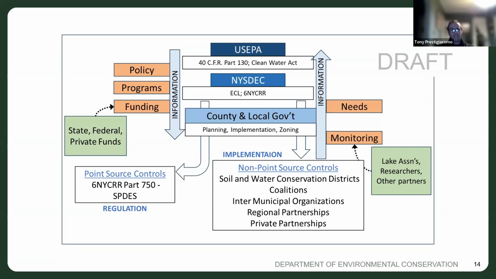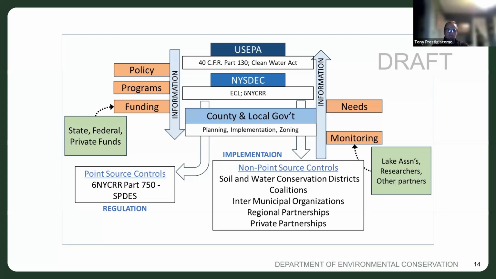Policy programs and funding kind of come from the top, from the US EPA down to the DEC, down to local and county governments and entities. Information moves back up in terms of monitoring data and needs from various partners, which we can use to understand water quality and how these practices are helping improve the lake.